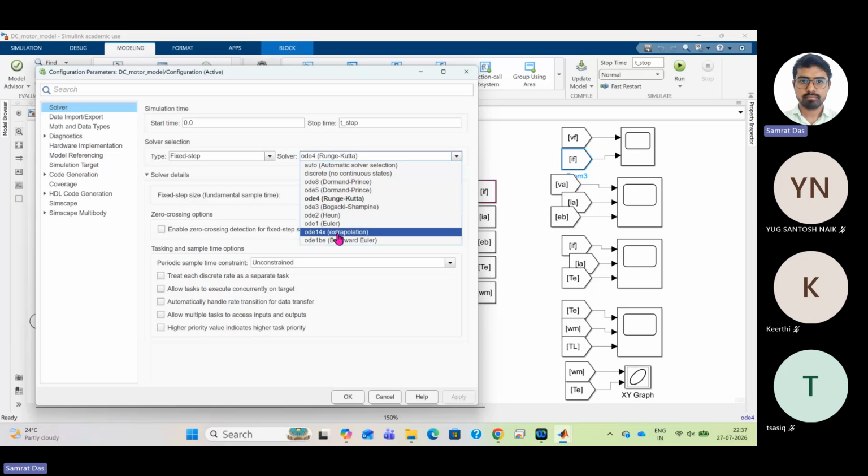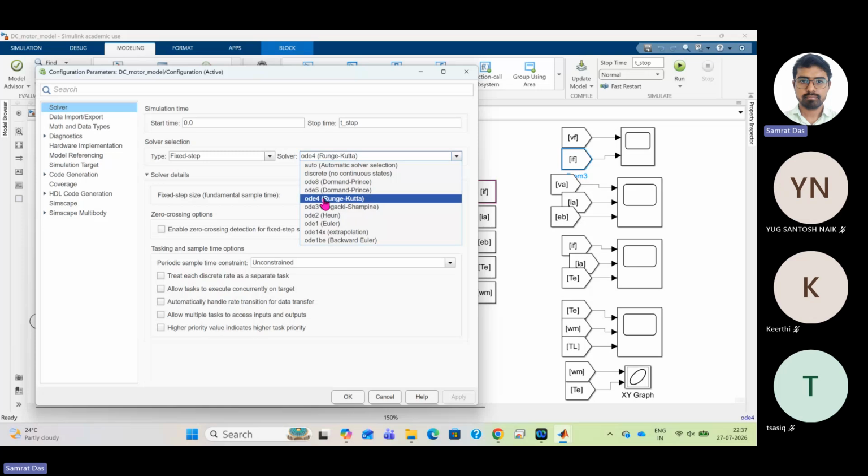You can look at the help of this. This is just some extrapolation doing, so this is still first order only. Now this ODE2 is a variation of the trapezoidal, not exactly trapezoidal, but a variation of that. Now ODE3, this is the third order.